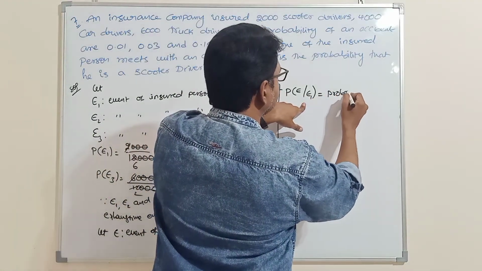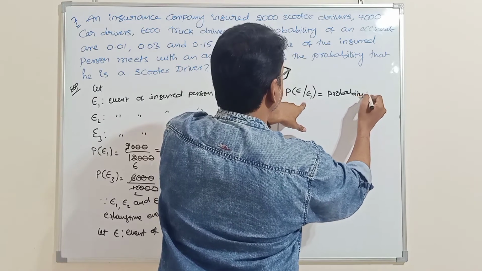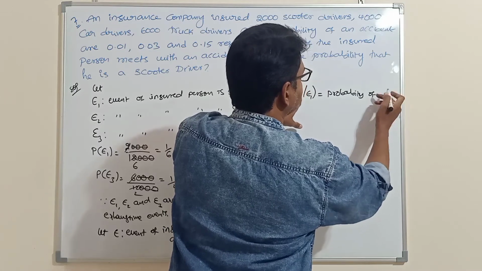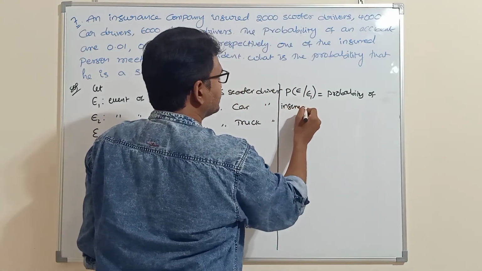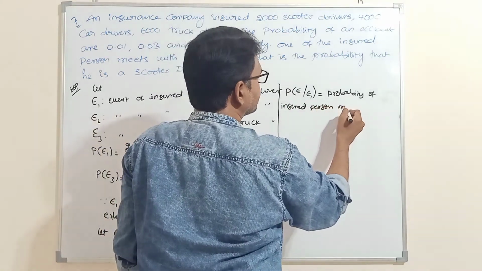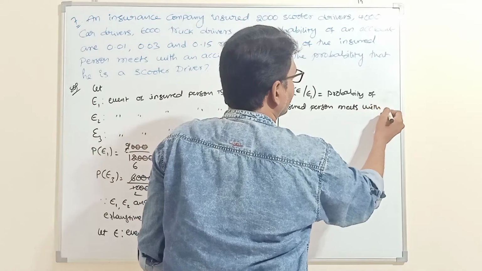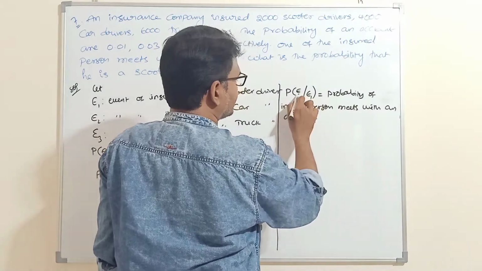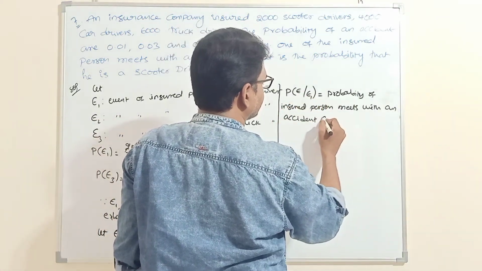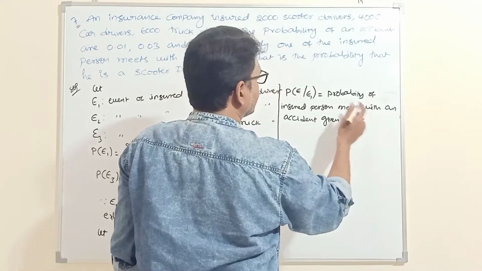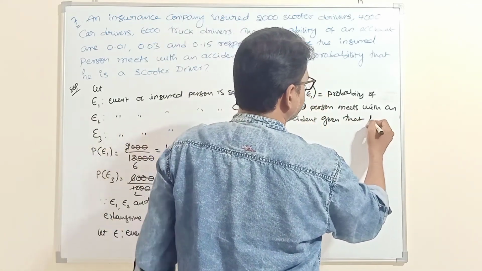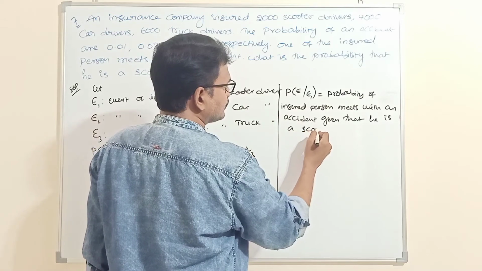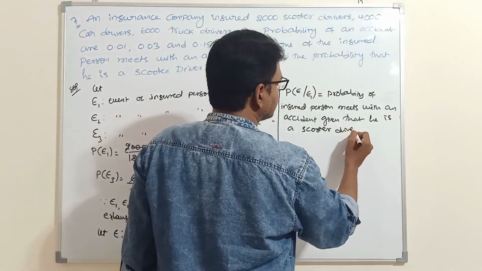Probability of E. What is E? The insured person meets with an accident, given that he is a scooter driver. This is called the given symbol. How much is it?